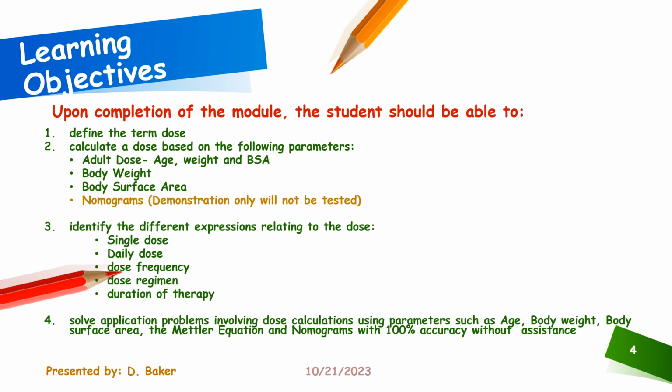And also, you should be able to solve application problems involving dose calculations using parameters such as the age of the patient, body weight, the body surface area, and of course there are some equations that you will need to aid you in those calculations, such as the Mosteller equation for calculating body surface area, and also Gehan and George if you're more imperially inclined, and nomograms, of course, using these with 100% accuracy and without assistance.